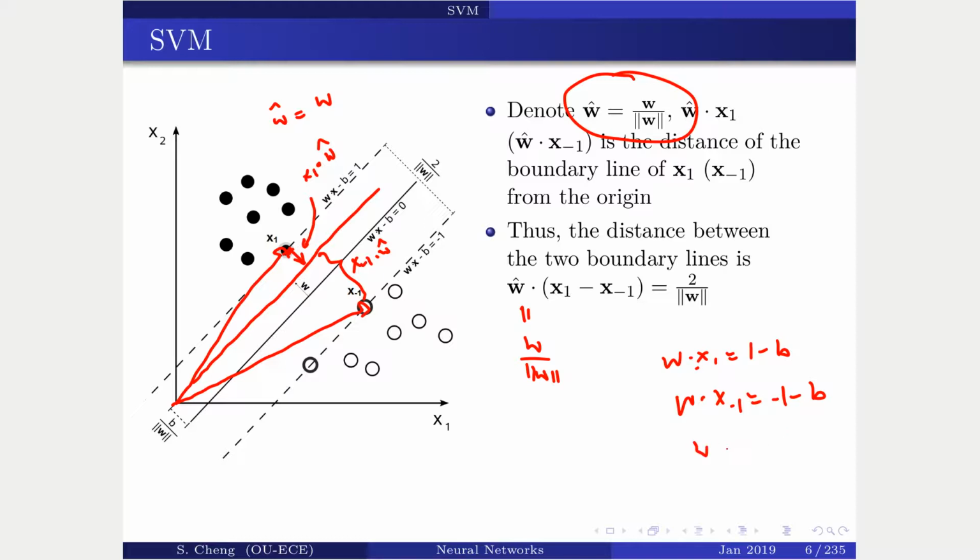So w·(x1 − x−1) is equal to 2. Therefore w hat dot this is equal to 2 over the norm of w. So that's actually the main thing.